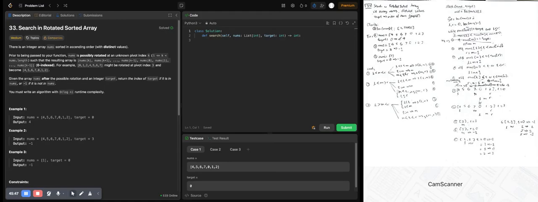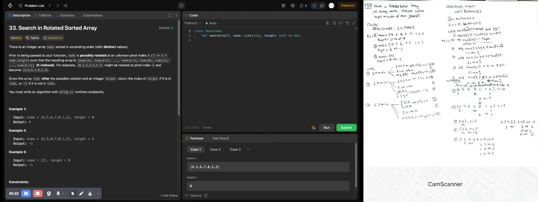See, because if it is 2, then it will go to mid. We'll move it there. Okay. If it is 3, then minus 1. Yeah. So I think it should work.